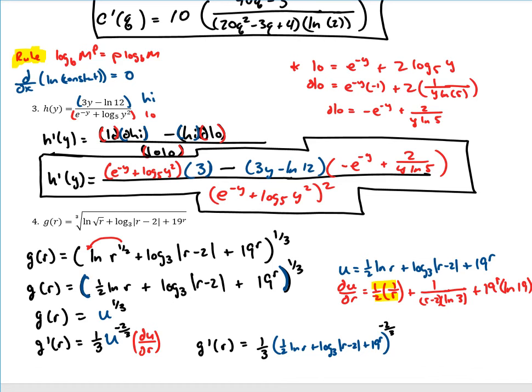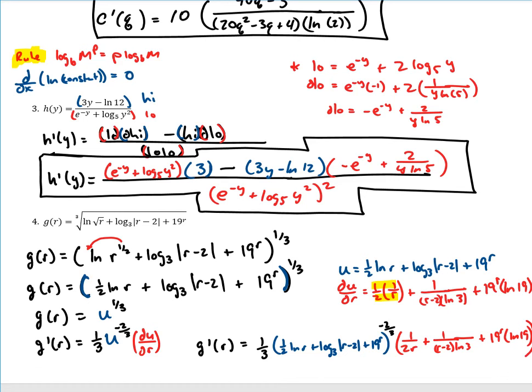So that's that portion. And then times the du dr. Okay, so parentheses. We said this would just become 1 over 2r. And then plus 1 over r minus 2 times the natural log of 3. And then plus 19 to the r natural log of 19.